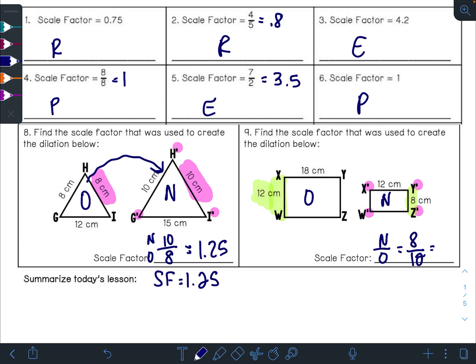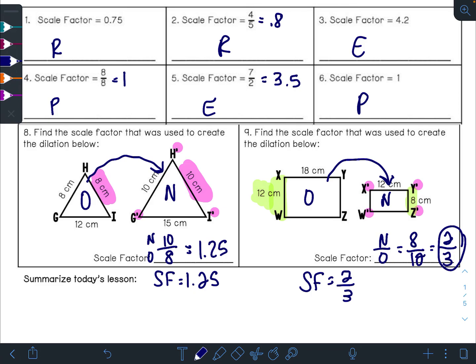And if I simplify that down by 4, that gives me 2/3. I know 2/3 is less than 1. So if I went from this to this, it makes sense that my scale factor is going to be 2/3, and it's less than 1, and that makes sense that my shape got smaller.